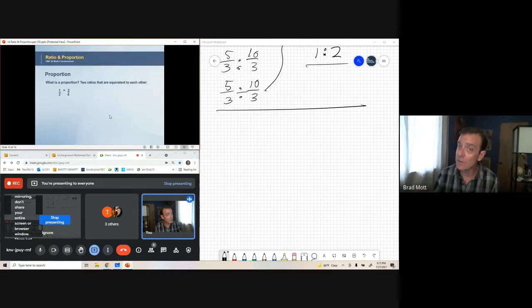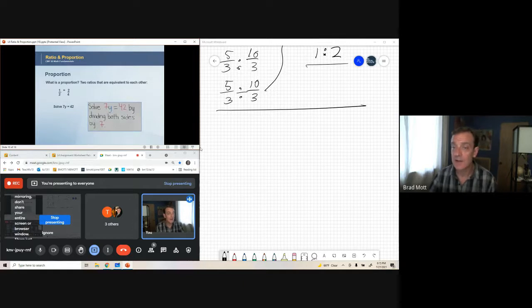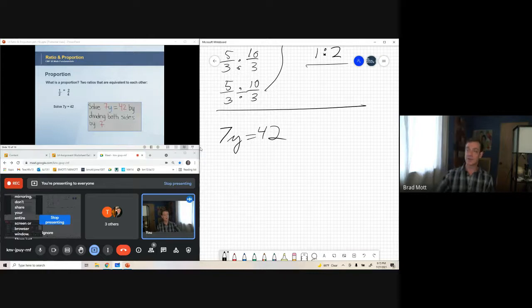And we can use this concept to solve for an unknown. But before we get to that, we need to make sure that everyone understands how you would solve a line that looks a little something like that. And it gives you the answer right there. A little screenshot. You want to divide both sides by 7.